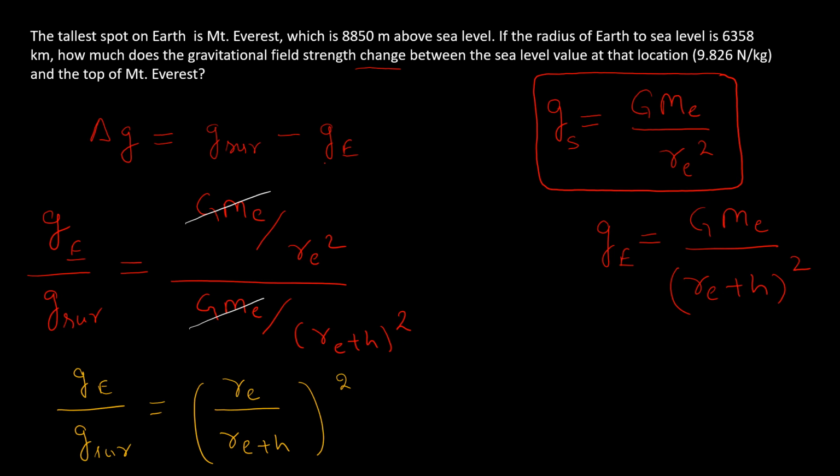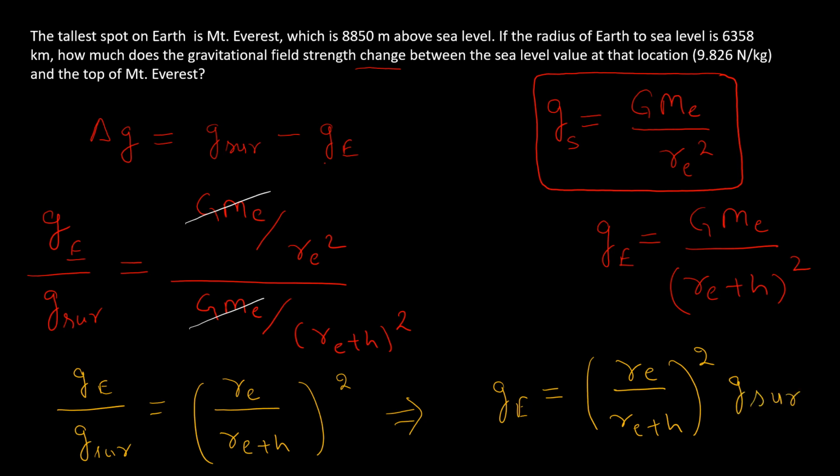So now from this we can substitute g of E in terms of g of surface, and that is going to be R_E divided by (R_E plus h), squared, and multiplied by g of surface. So now we have this value of g of E in terms of g surface.